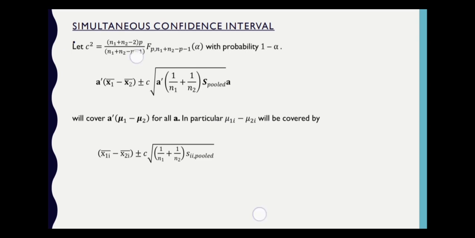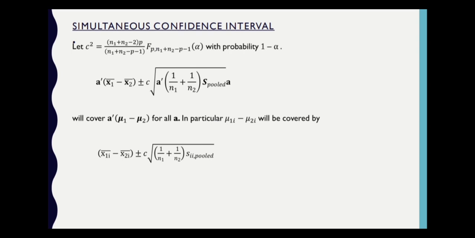You know how to find the c-square here, but now we put c, multiplied by the variance, actually the variance for each variable.